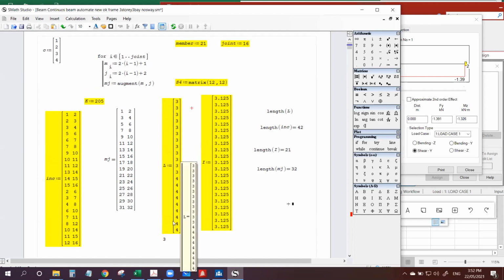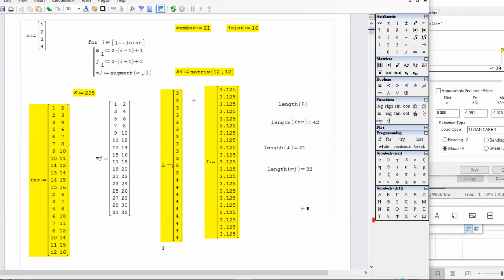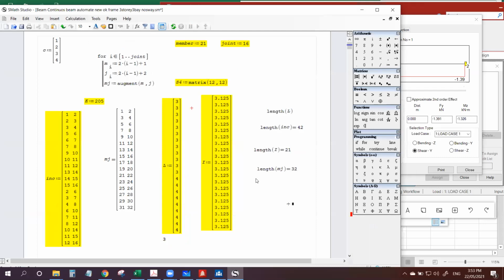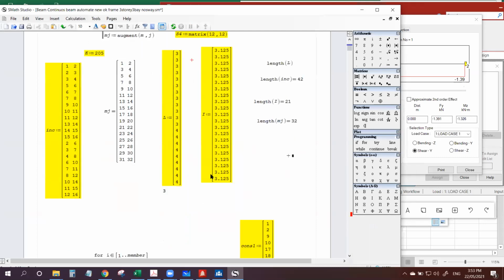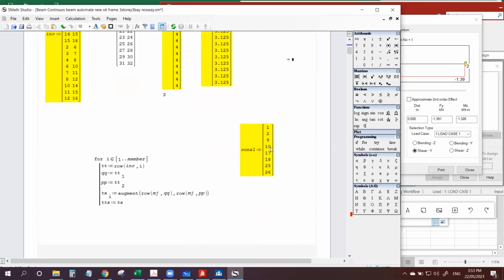Then define the length of each member. So again, to be consistent, since I only defined the columns first, these are all the columns. And these are all the girders. Okay. So that means all the yellows are input. No? So the constraints, okay.